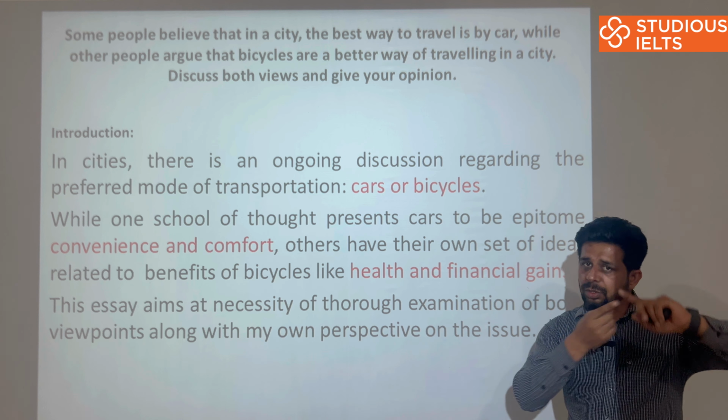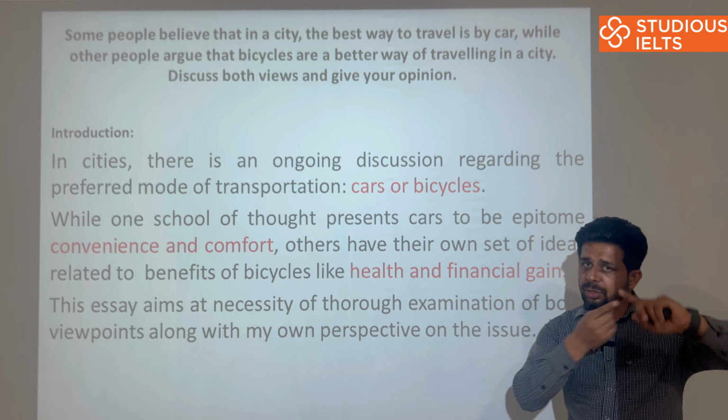If those ideas have been already mentioned in your introduction, and if your body paragraphs are a direct explanation of those points, it is going to help you make your entire essay coherent, and your marks for coherence will be good in that case. So that is why I have highlighted those factors which are the main cause of the support of certain ideas by the proponents. So please make your structure of introduction in this way, so that you can gain more marks by connecting your introduction directly to your body paragraphs.